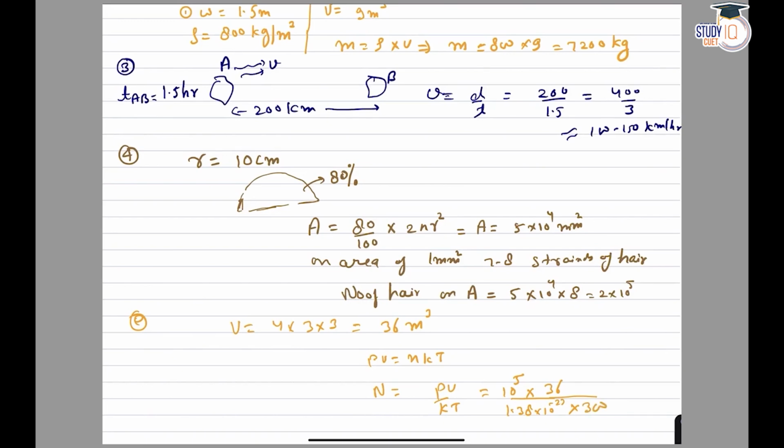On solving this, the number of molecules roughly comes out to be 8 into 10 to the power 29. So the number of molecules finally comes out to be 8 into 10 to the power 28.